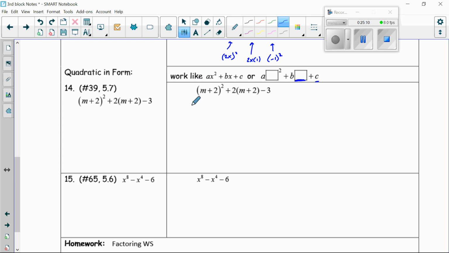When you're dealing with problems like this, you can do it one of two ways. You could absolutely square this, distribute that, combine like terms, and then factor. Never distribute a square when there's addition or subtraction into multiple terms.